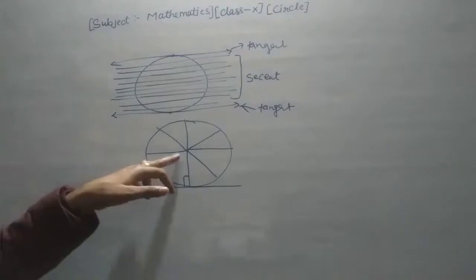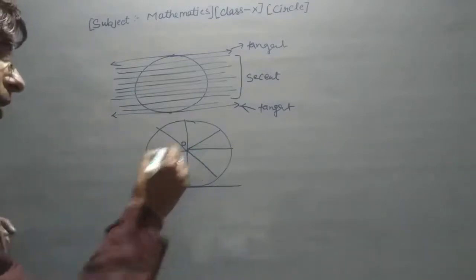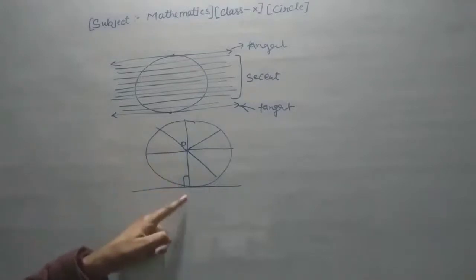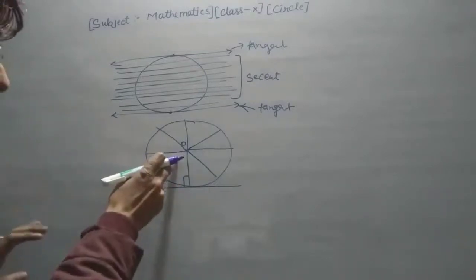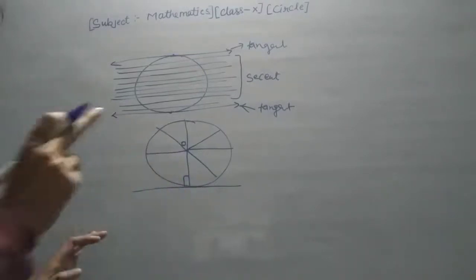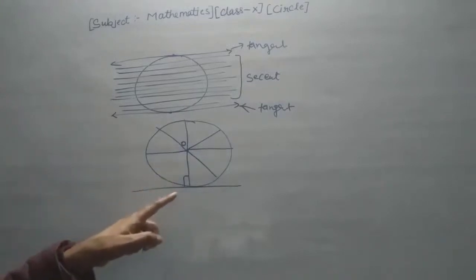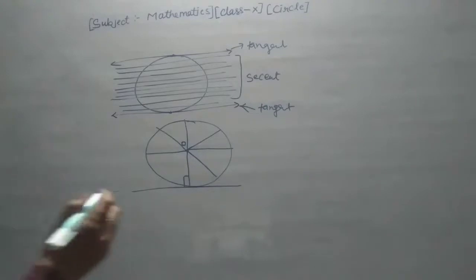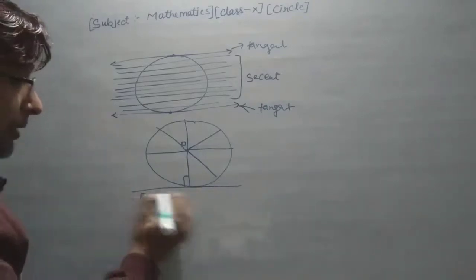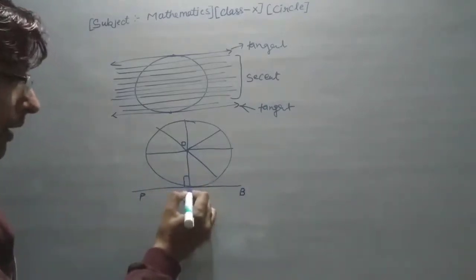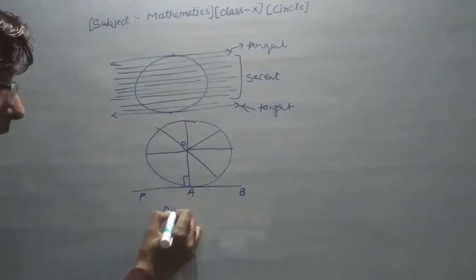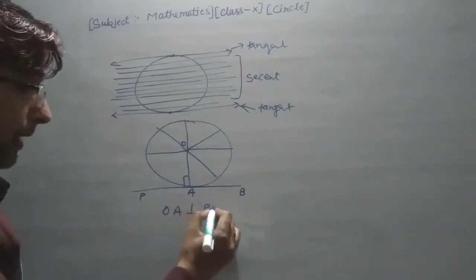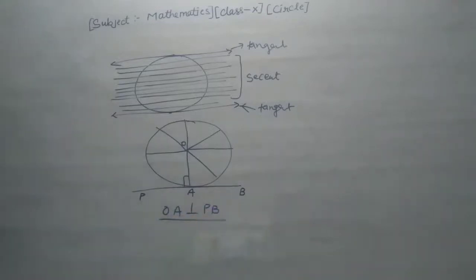When the center is connected with the tangent, at that time it draws a 90 degree angle on the tangent. That means you have to say if the tangent is PB and this is A, then you have to say OA perpendicular on PB. Okay, this is a theorem.